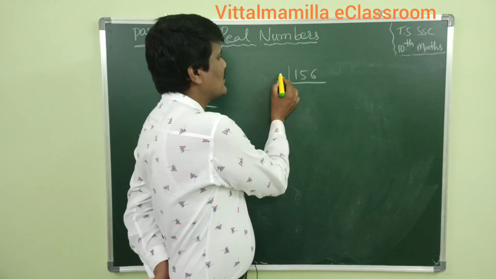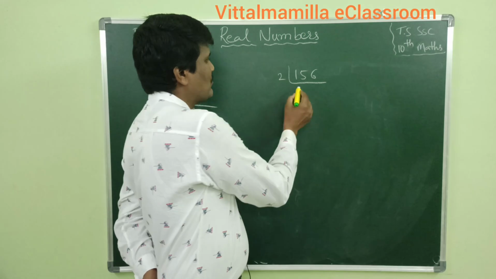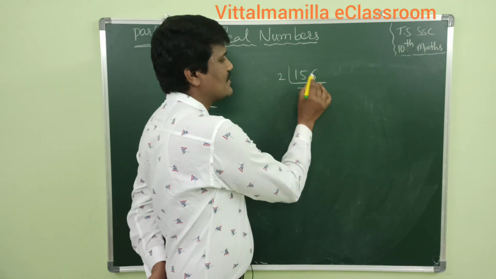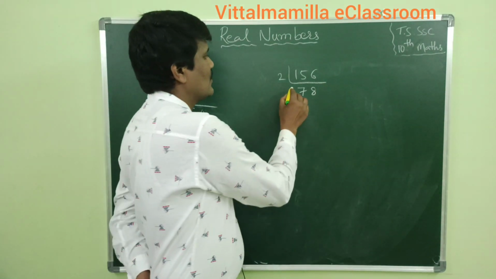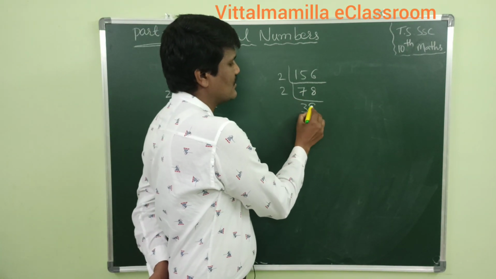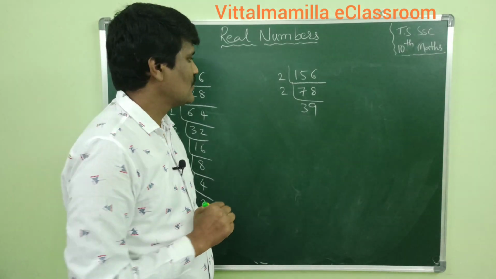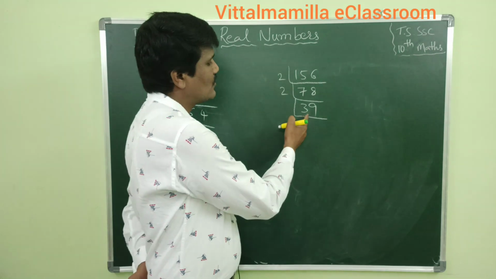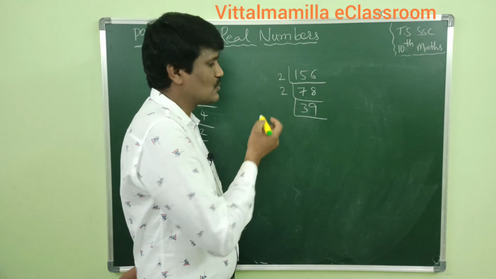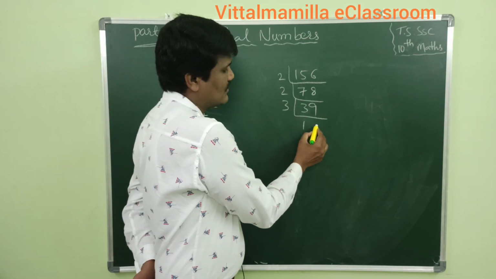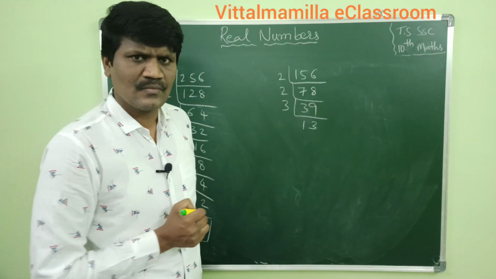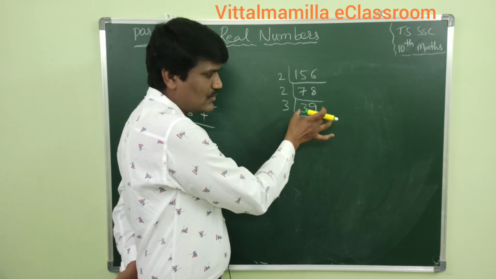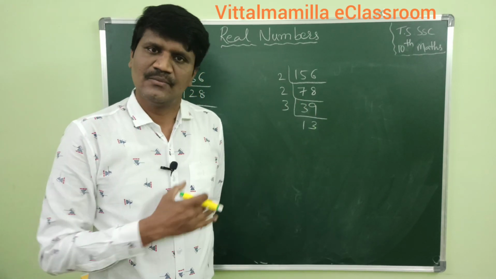With 2 if I start here, 2 78s are 156, 2 39s are 78. Now it won't go through 2, so take 3. 3 13s are 39. So you know that 13 is a prime number. Whenever you get a prime number, you should stop the process.